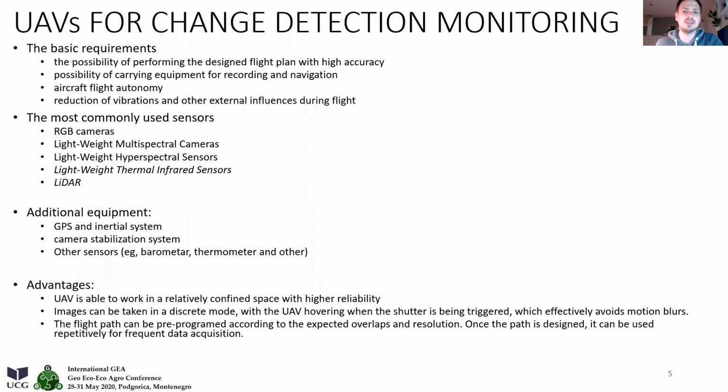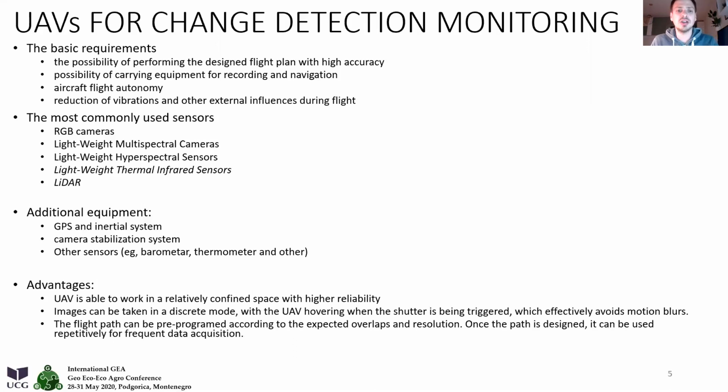The most commonly used sensors on drones for aerial imaging are RGB cameras, lightweight multispectral, hyperspectral, and thermal infrared sensors, and also LIDAR sensors for the most accurate way of geometric data acquisition. The aircraft's additional equipment includes GPS and an inertial system, a camera stabilization system, and other sensors such as a barometer, thermometer, and others. With a built-in GPS unit or IMU, other sensors and a stabilizer, UAVs allow image acquisition following a predefined path.